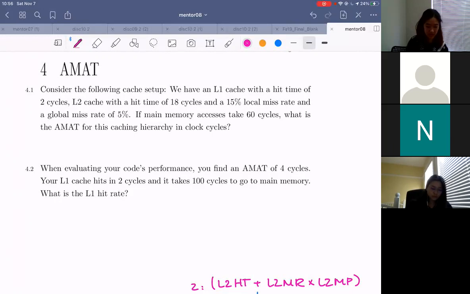Oh, phone died. It's probably another minute or so on this.